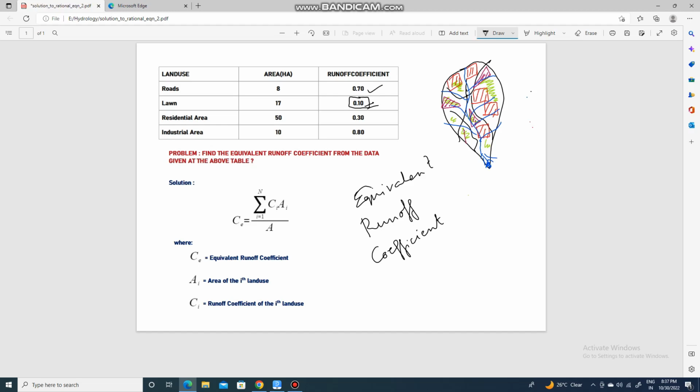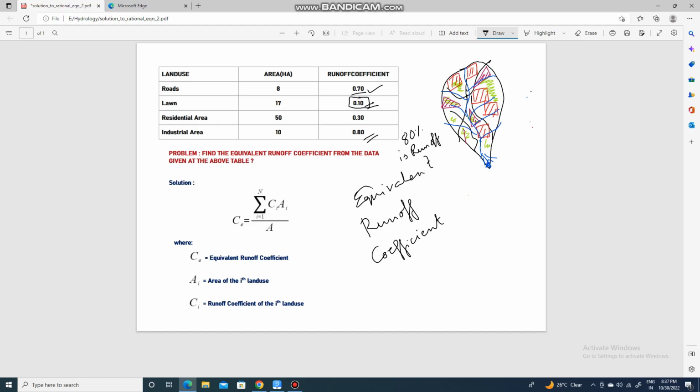In case of residential area also, the imperviousness is more than lawn but lesser than road. So that is why 30% water goes away and 70% water remains in the watershed. Whereas industrial area is totally impervious, so 20% water only stays in the watershed and 80% of the water goes out. So 0.80 means 80% of the water is runoff.